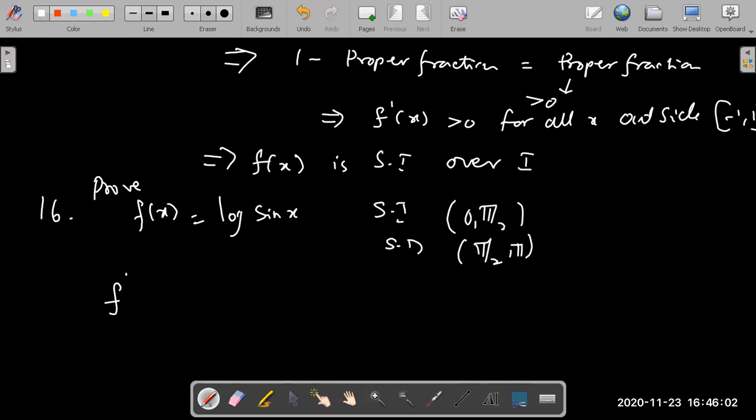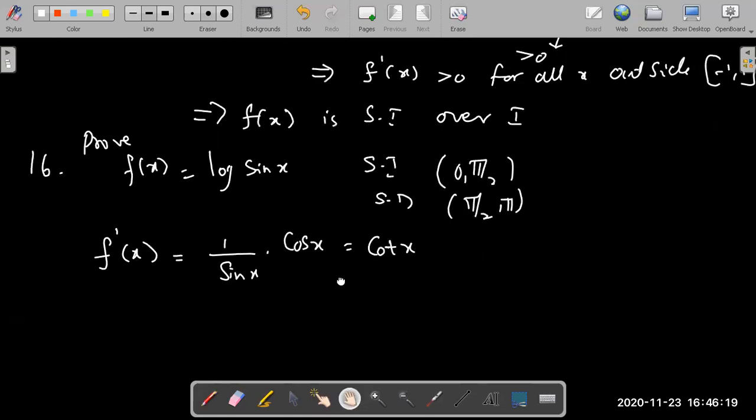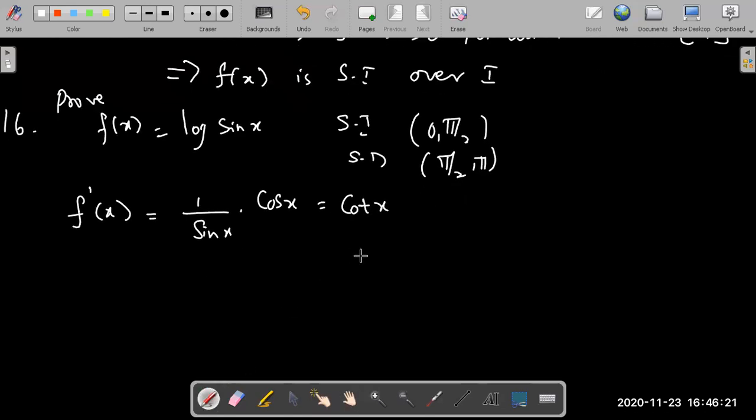So f dash x equal to 1 by sin x, then chain rule. For sin x, the differentiation is cos x. So we have cot x. Now we have to give these values. So we can have a table. Any values, f dash x value, and then say 30 degrees, 60 degrees, or even 45 degrees you can take instead of 60 degrees.